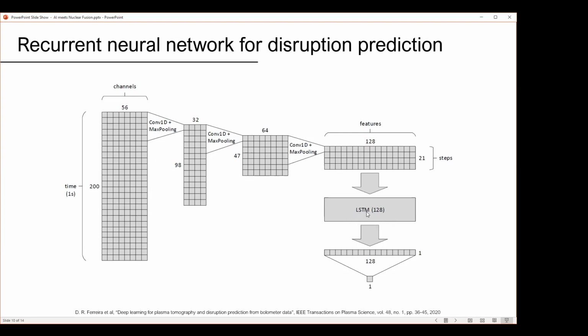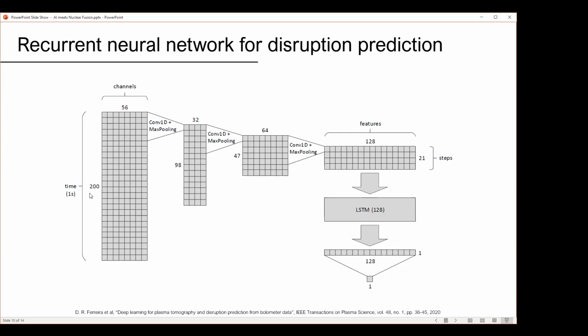This LSTM, this recurrent unit, is preceded by a series of 1D convolutions that we apply over the raw signals. In this case, we pick up 1 second of raw signals. You see the number of lines of sight on top.